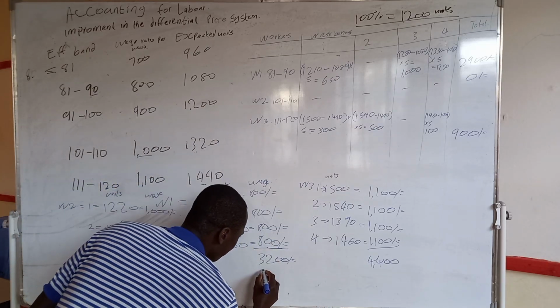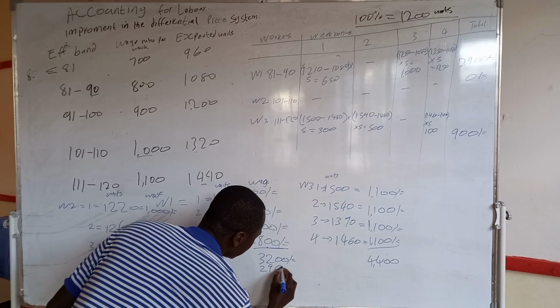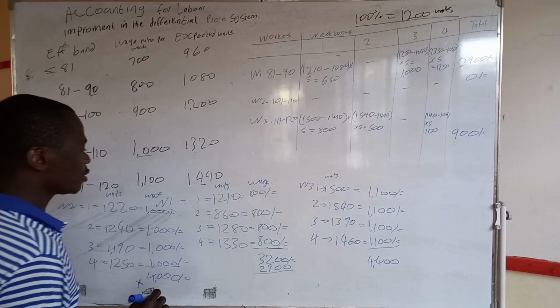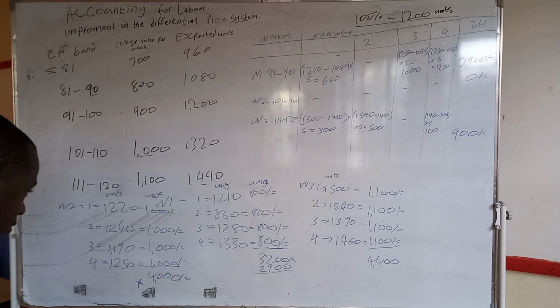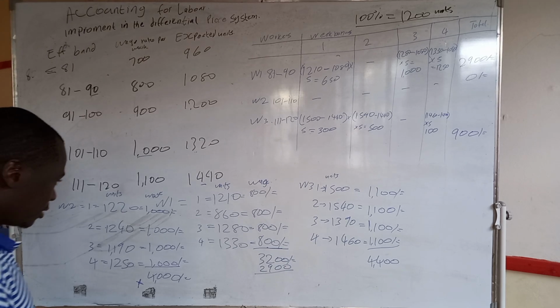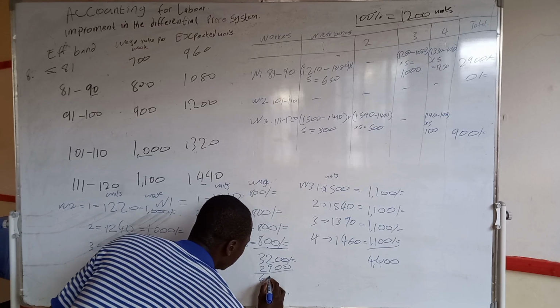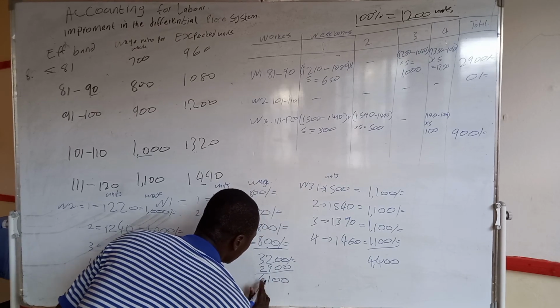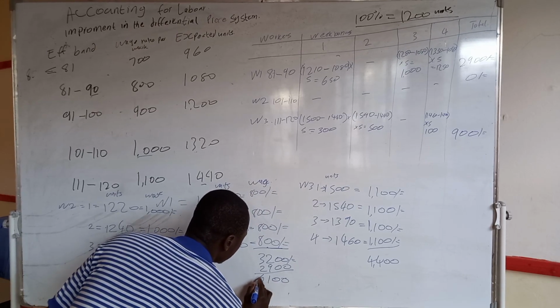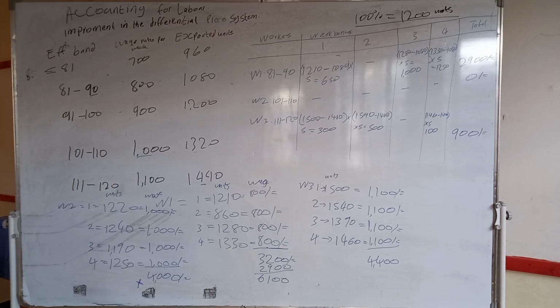So plus 2,900, that is 32 plus 29, this is 6,100.